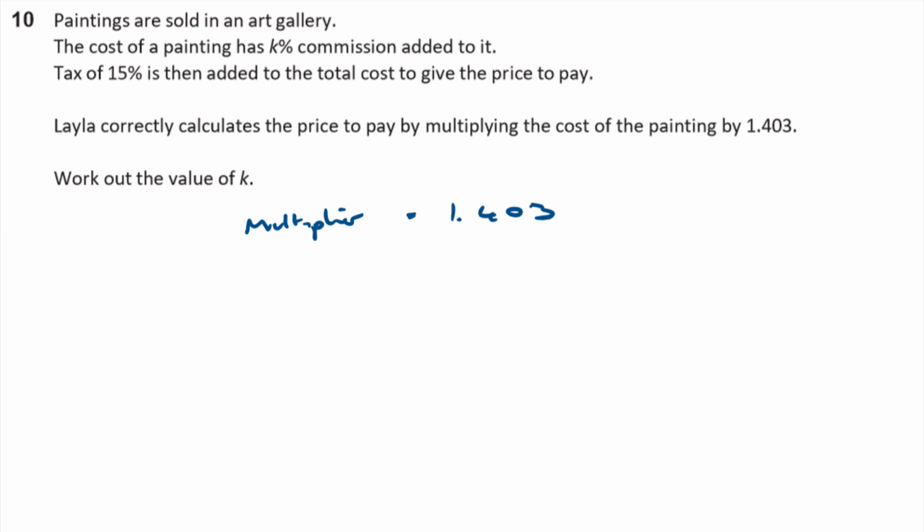So they take the cost of the painting and they're going to multiply it through by the multiplier for the percentage commission, and then they're going to multiply it again by the 15% increase, and that results in an overall multiplier of 1.403. Okay, so because we don't know what this commission is first, let's call the first multiplier the commission multiplier.